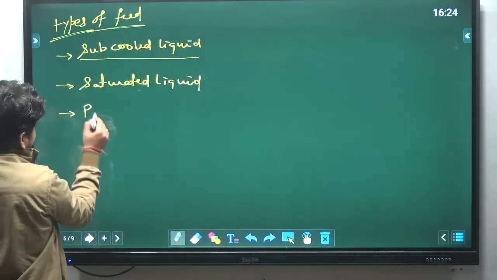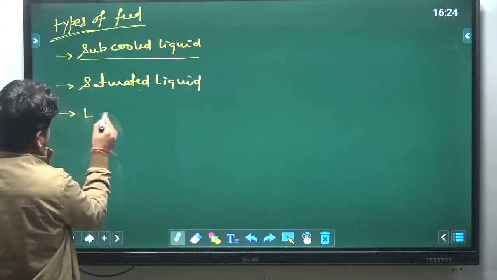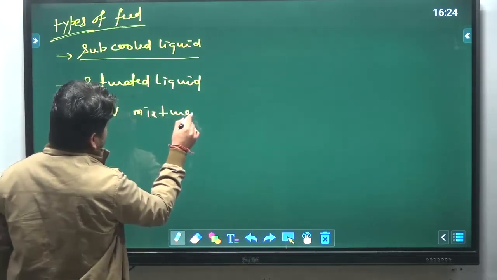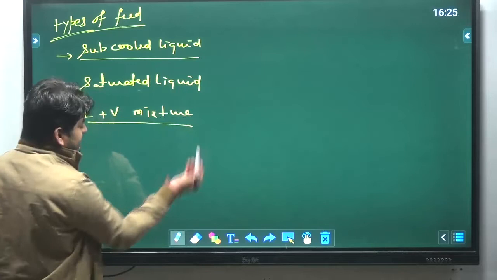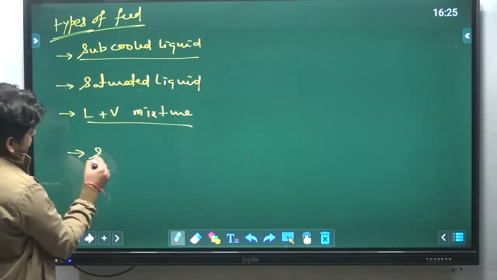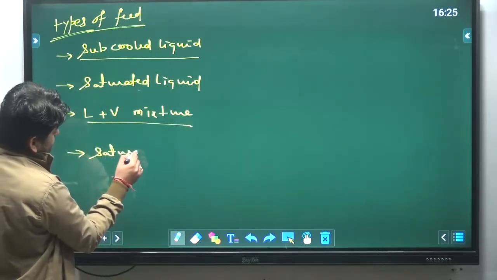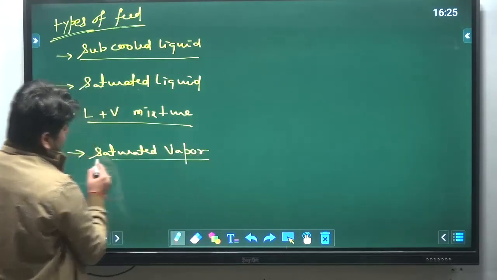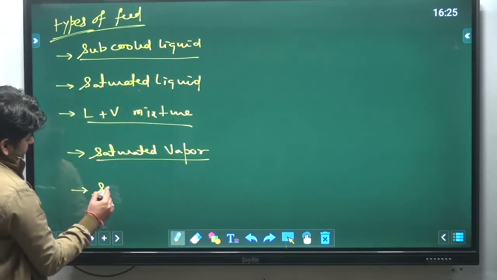Third one is liquid plus vapor mixture, or you can say partially vaporized liquid, or partially condensed vapor. Fourth one is saturated vapor, and last one is superheated vapor.